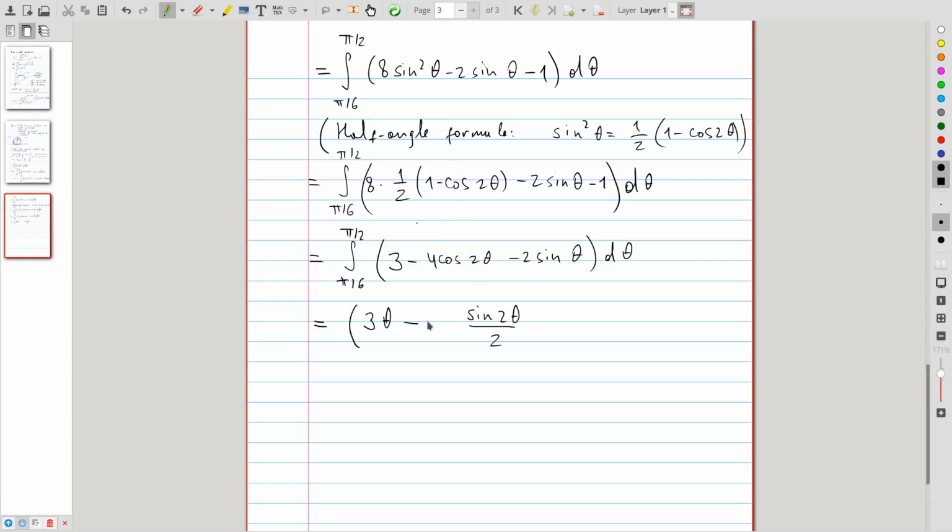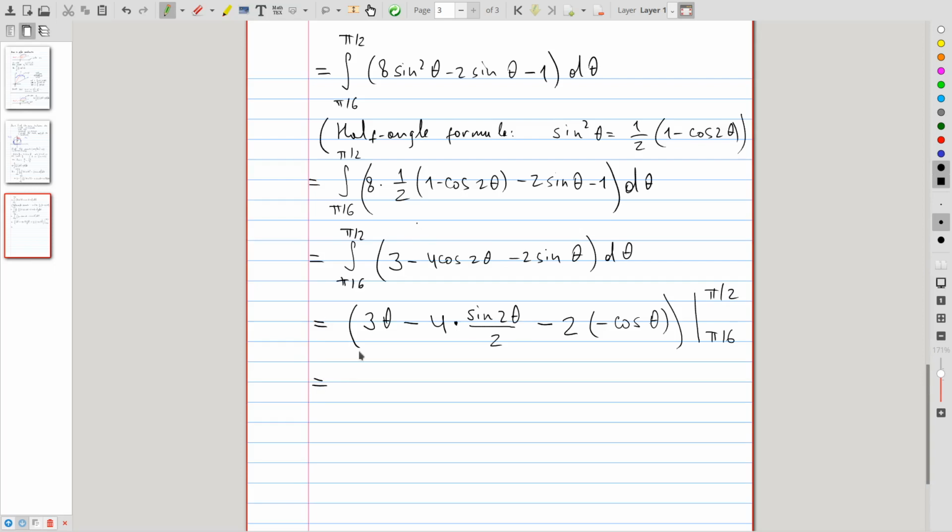So I have to subtract 4 of these. And then I have to subtract 2 of minus cosine theta, because the antiderivative of sine theta is minus cosine theta. And then finally I have to evaluate the difference of all of these from pi over 6 to pi over 2. Great.